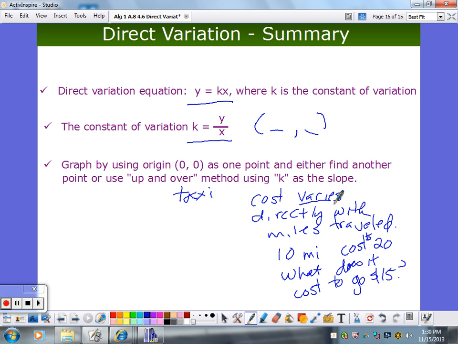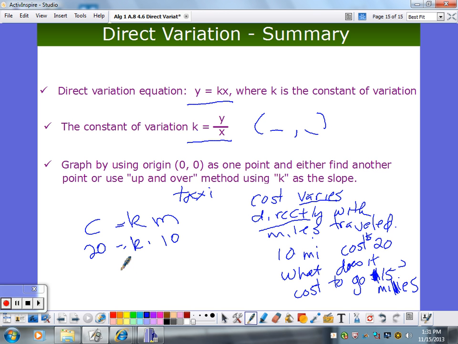So I see cost varies directly with miles traveled. So what can I start with? 15 miles. Thank you. So how do I start this? Cost varies directly with miles. So I've got my model. Now this is 10 miles. Is that the C or the M? And how much did that cost? $20.